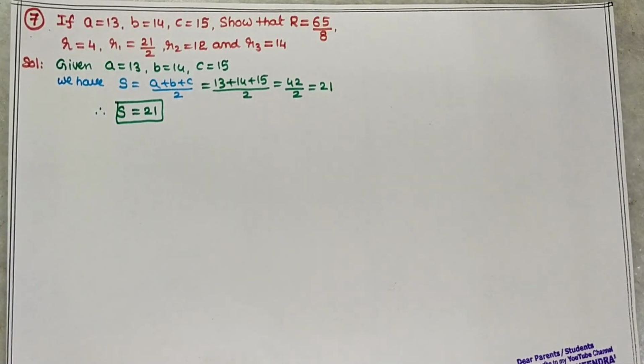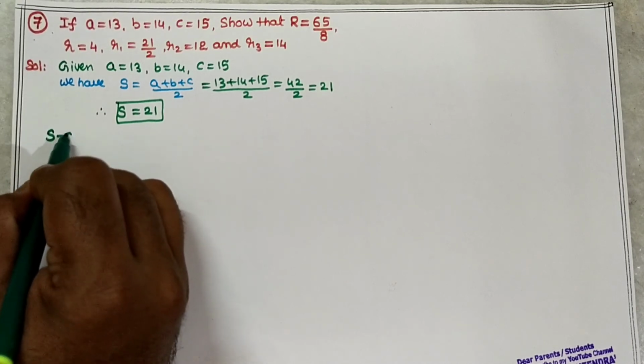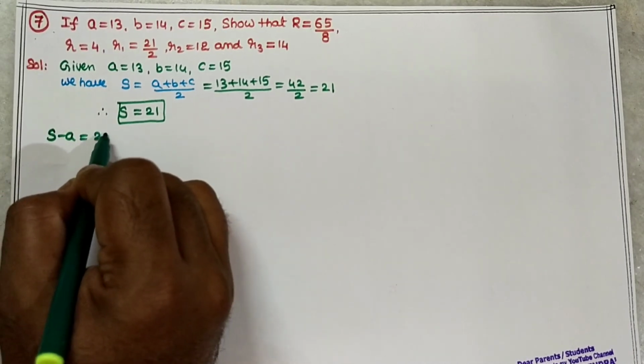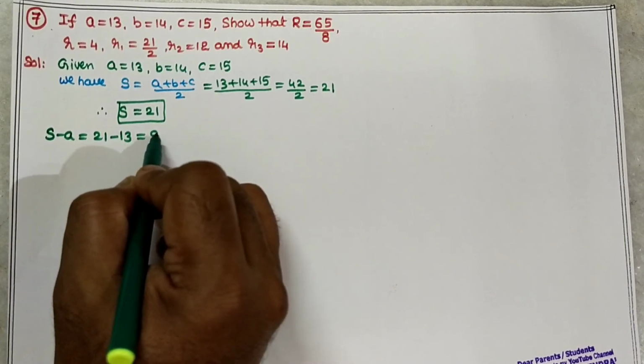After getting the value of s, you have to calculate s minus a, s minus b, s minus c and s. See here, one by one we will calculate. s minus a is equal to 21 minus a value, which is 13, equal to 8.